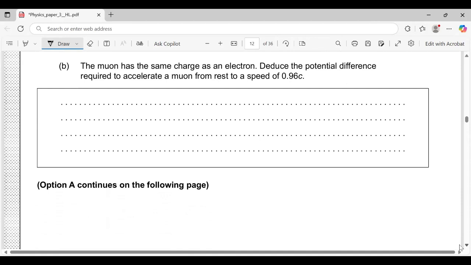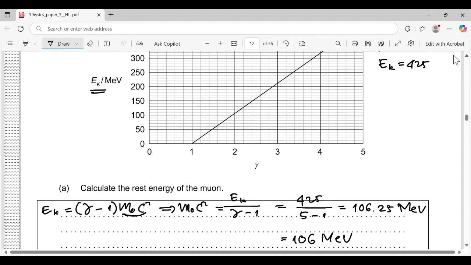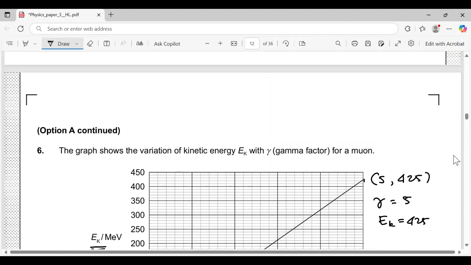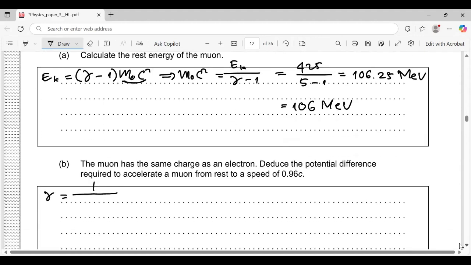From the Lorentz factor formula, I will use the formula from part 5: gamma equals 1 over the square root of 1 minus v squared over c squared.